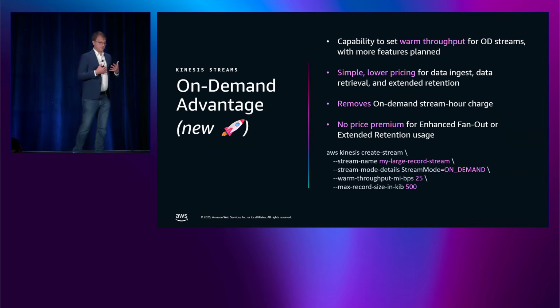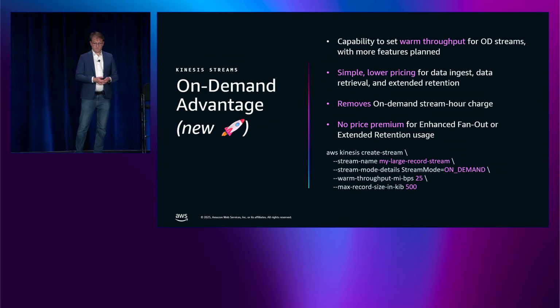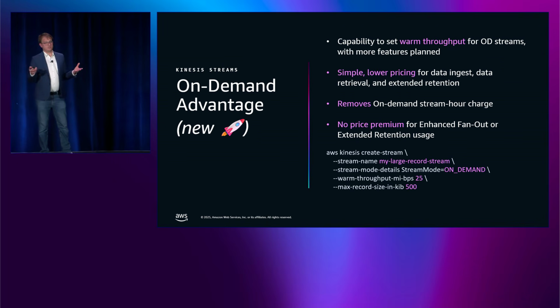But if you were able to commit to a certain amount of usage, we could then provide it to you for a much better price point. So on-demand advantage is really an interesting thing to look at. I would suggest you take a look at it. You can take a look at that in the Kinesis Data Streams docs.